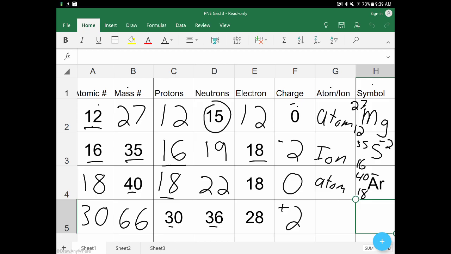And since we have a charge, that means we have an ion, not an atom. And last, we can look up what element this is. Atomic number 30 is zinc, or Zn for its symbol. Atomic number goes in the bottom left. Mass number goes in the top left. And charge goes in the top right. And that was a basic breakdown of a P&E grid.